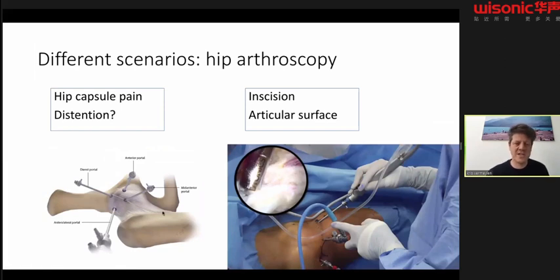On the other hand, you put a lot of fluids in the hip joint in order to get a good image, and you can imagine that the distension of this capsule can cause a lot of pain, and you have to adapt for that. On the other hand, half an hour or an hour after the surgery, this distension is gone, so the pain you will have from the arthroscopy can go away very quickly as well.